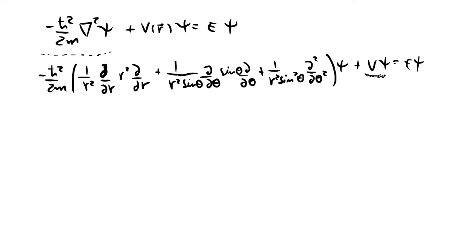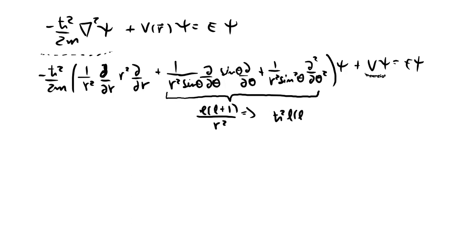And in that case, you can separate the coordinates, and what you are going to find is that you would be able to replace this term here by something like l(l+1) over r squared, which in the kinetic energy will lead to a term like h bar squared l(l+1) over r squared, right?